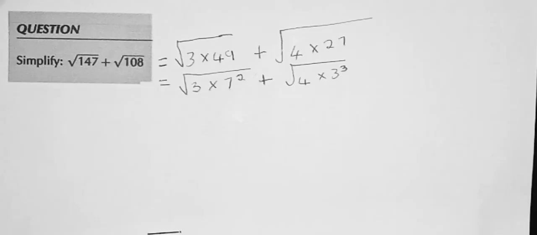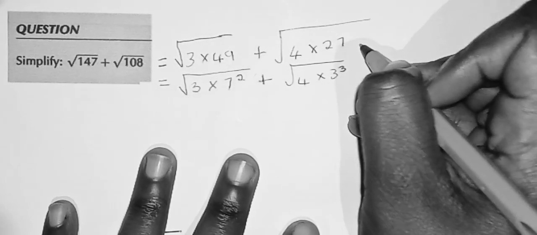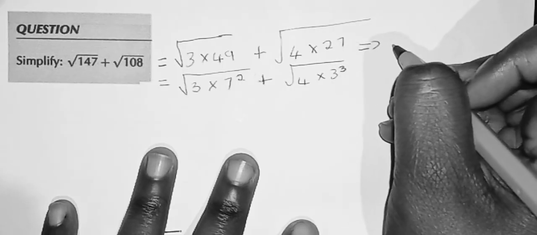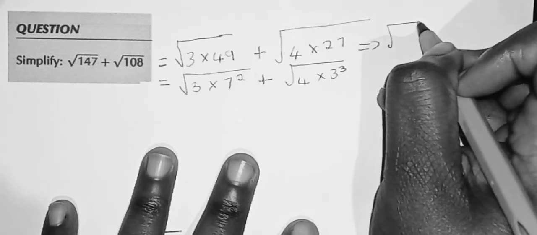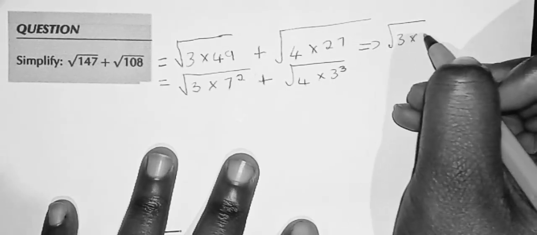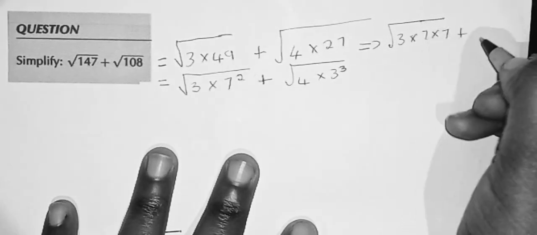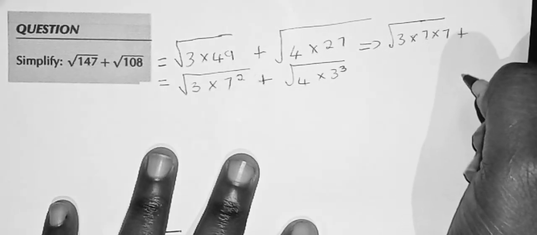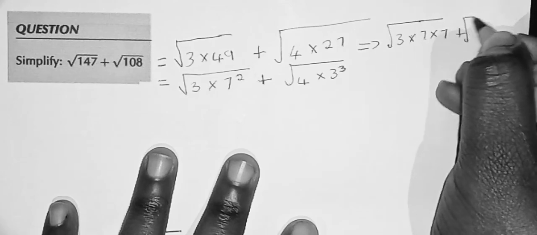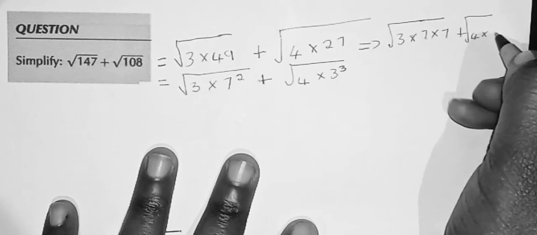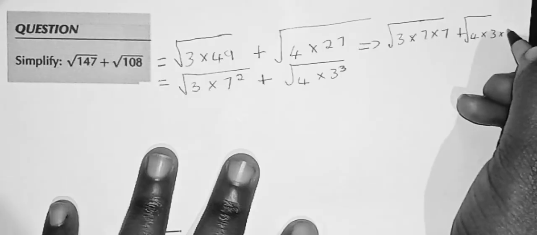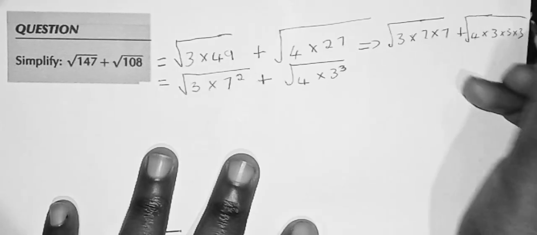So I'm going to write again: this one is 3 times 7 times 7 plus this one, which is 4 times 3 times 3 times 3.